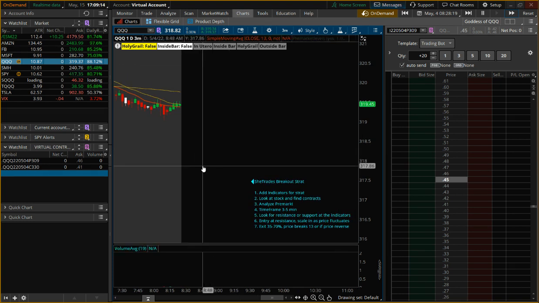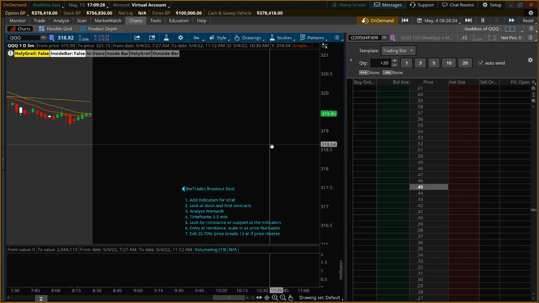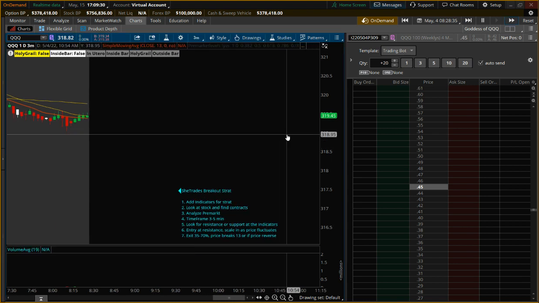It's about 2 minutes until market opens. And when the market opens, we're going to look for rejection or support areas around the daily open indicator.